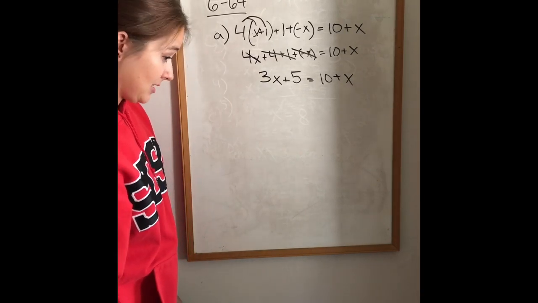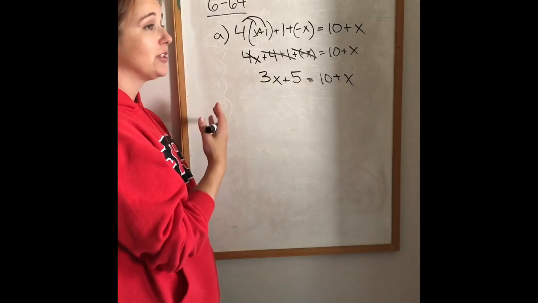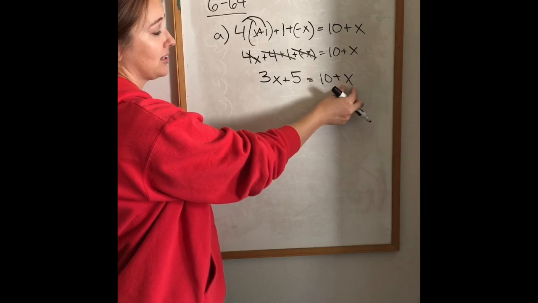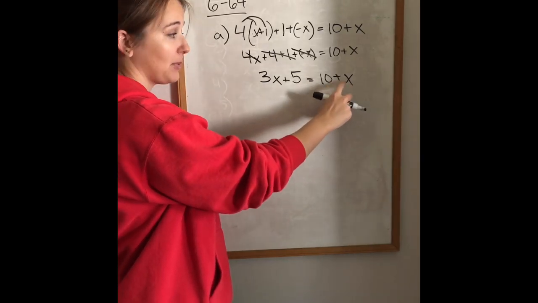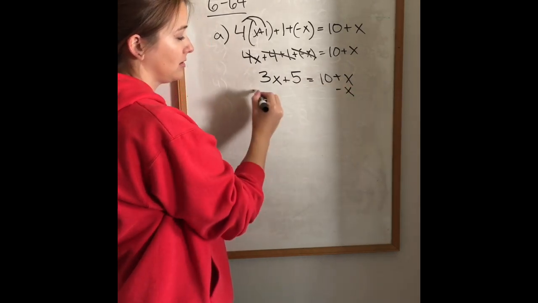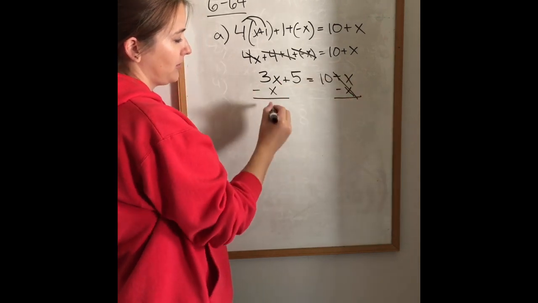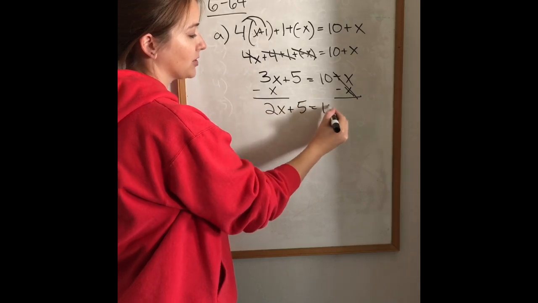The next thing I did is I needed to get x by itself on one side and the numbers on the other side. So I wanted to bring this x to this side, and in order to make this positive x a 0, I subtract an x. And that becomes 0. 3x minus an x is 2x plus 5 and equals 10.